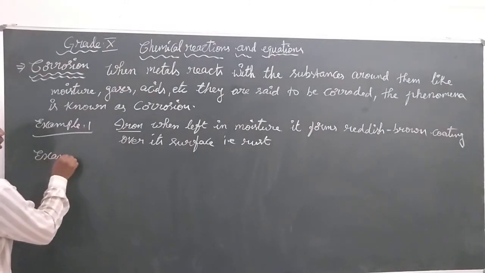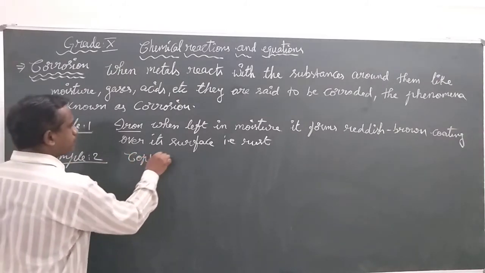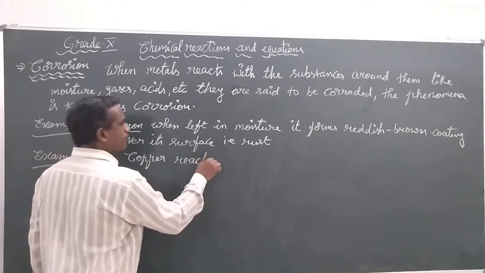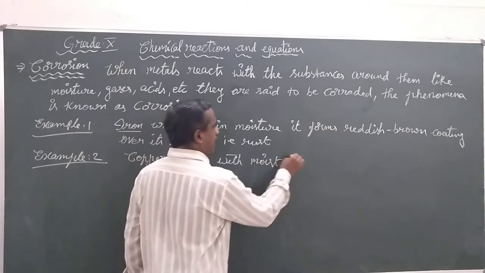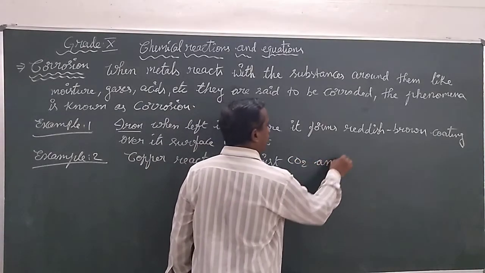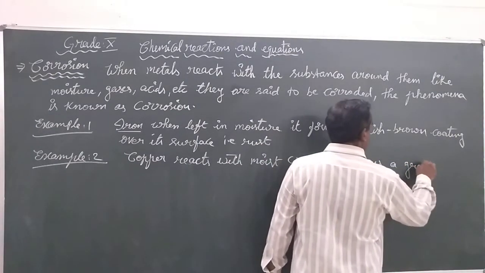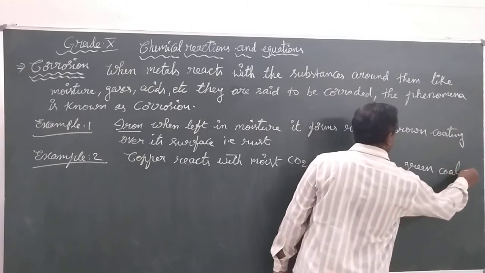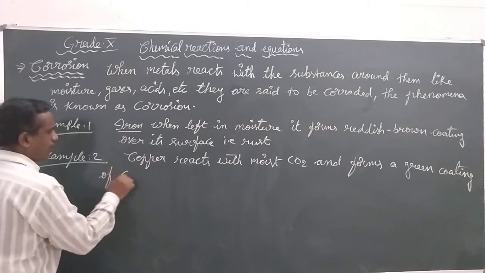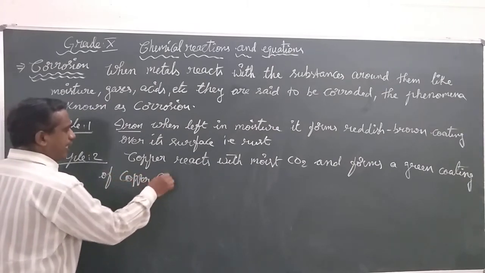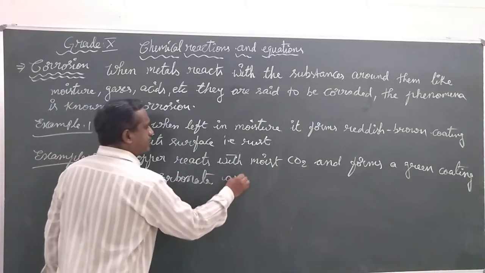In the case of copper, copper reacts with moist carbon dioxide and forms a green coating of copper carbonate around its surface.